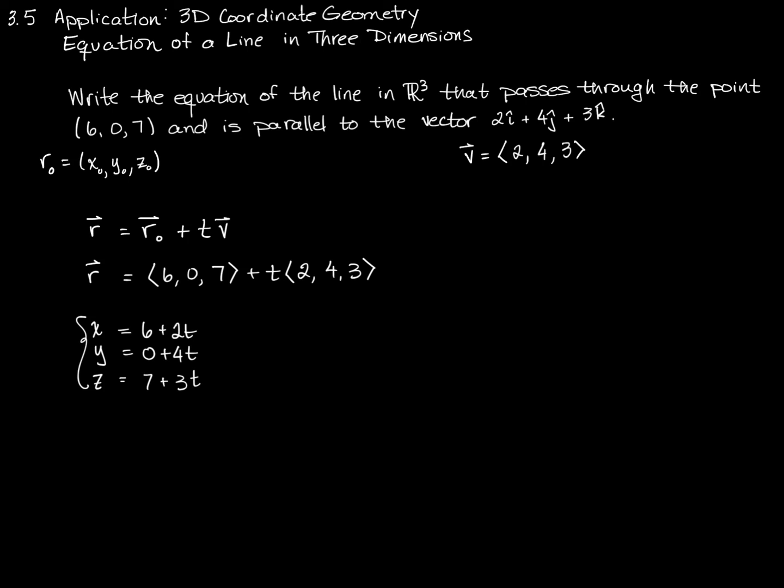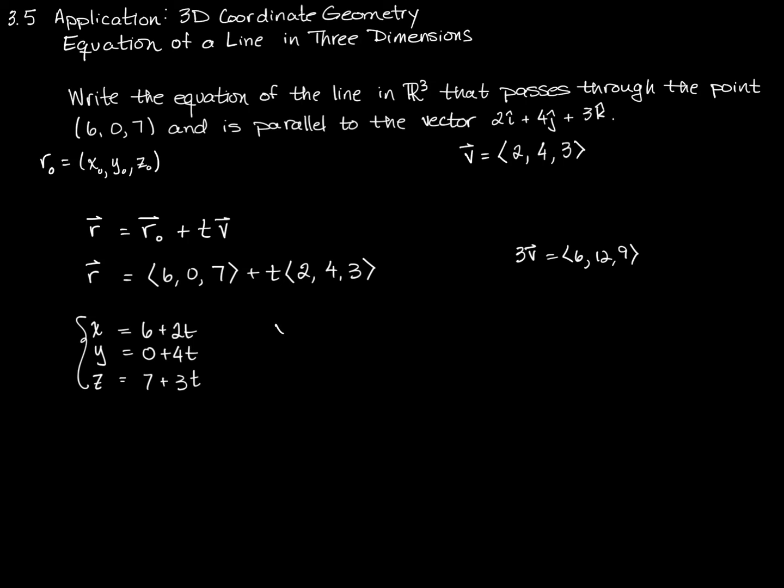Interestingly enough, vector v is our direction vector, but it's just a direction. It doesn't matter how long it is. So I could use a scalar multiple of v, let's go 3v, which is equal to (6, 12, 9). I could use that as my direction vector.